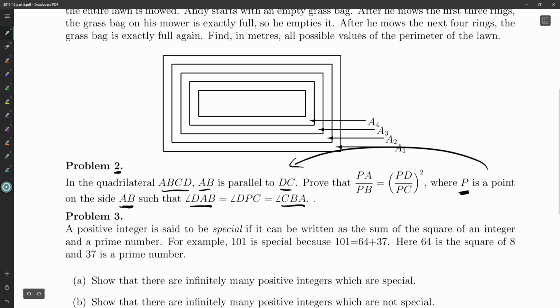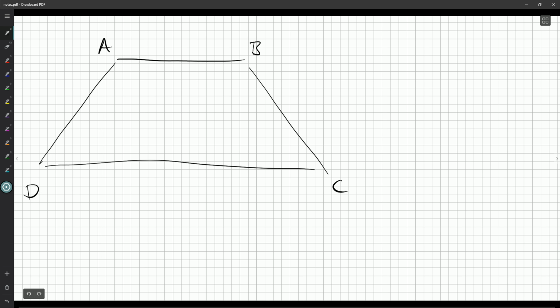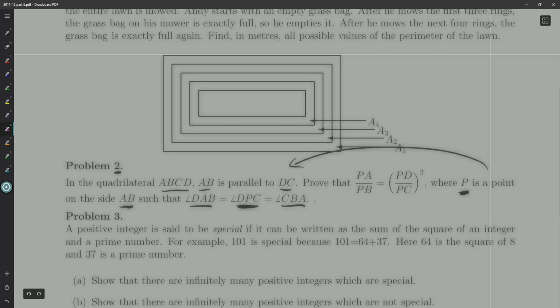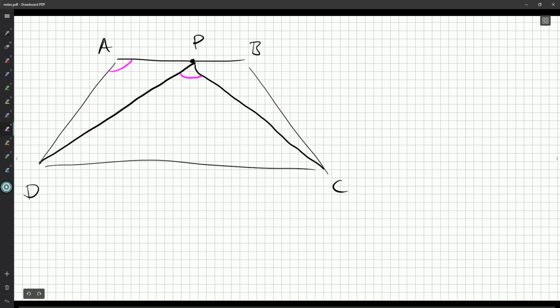So that DAB, CBA, those are angles that are not... We've got DPC. So P is somewhere up here. Maybe. And we've got, I'll use pink, this angle is the same as the ones in the upper corners.